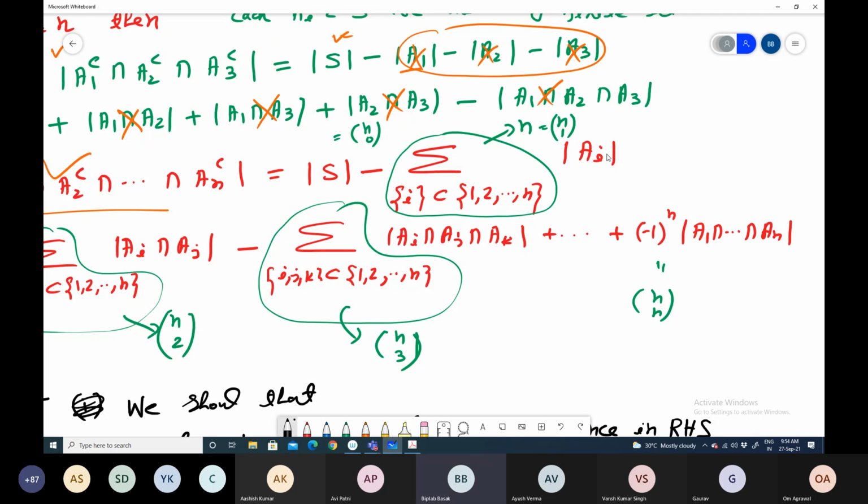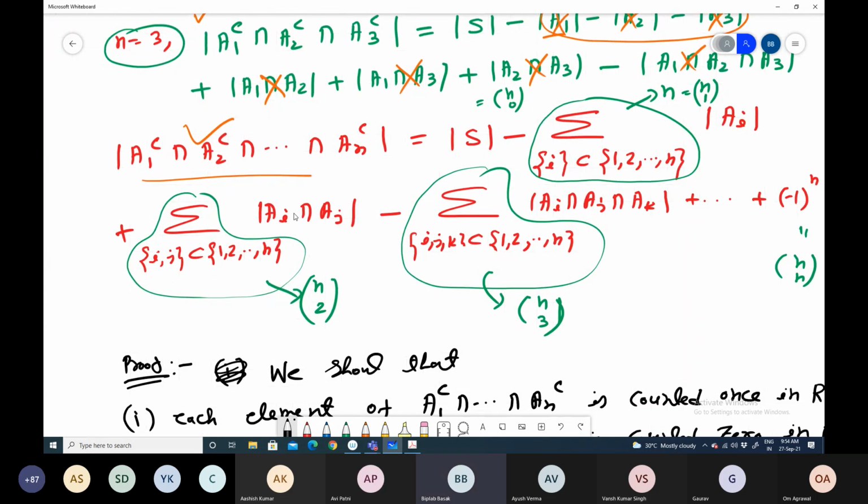Here we have n sets, right? So how many of those sets does X belong to? Here we have n, k. Only A_i1, A_i2 up to A_ik. Only those k sets contain X, and the other sets do not, right? So here we have 1 and here we have minus k.